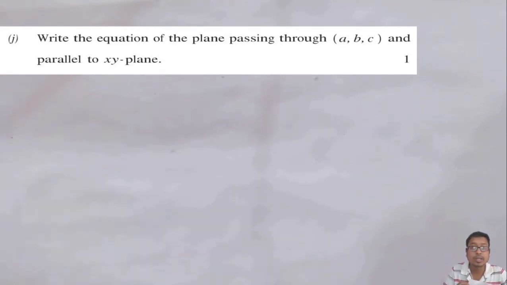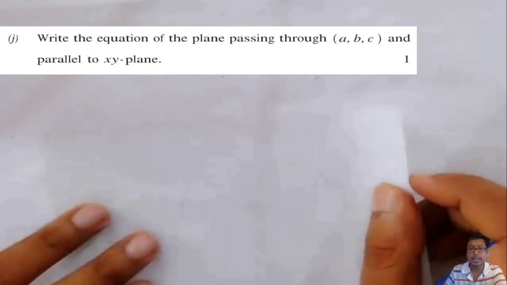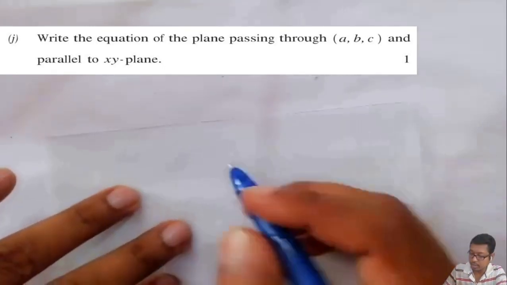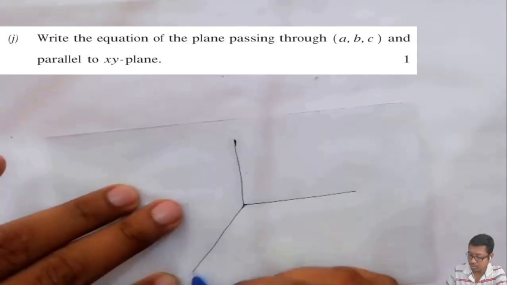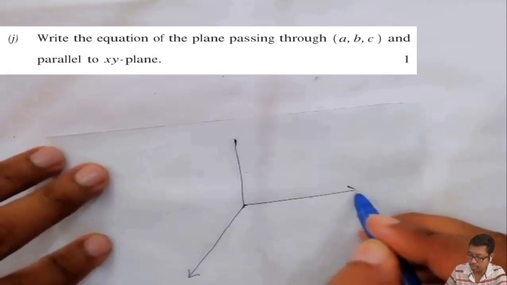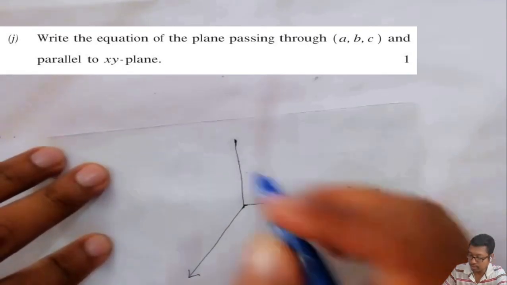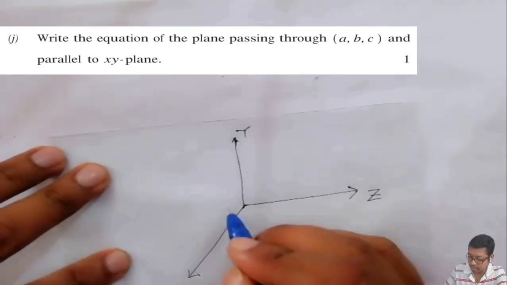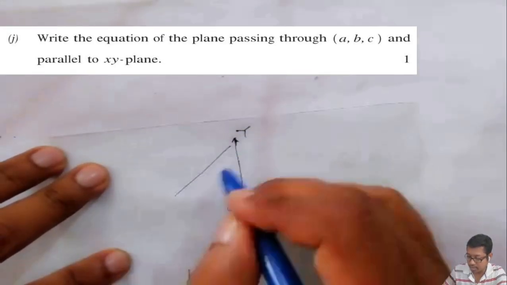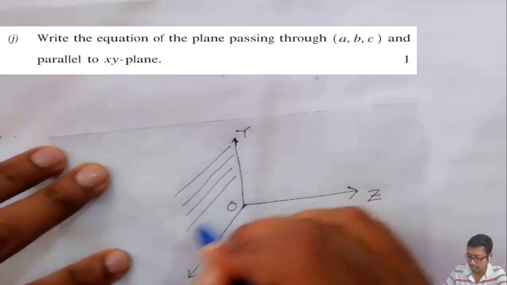Okay, now question number J, and what it says: write the equation of a plane passing through (a, b, c) and parallel to the XY plane. Let us understand this problem by taking help of the diagram. Let us consider a three-dimensional coordinate system. Suppose this one is the z-axis, this one is the y-axis, and this is the x-axis, and this is the xy plane.